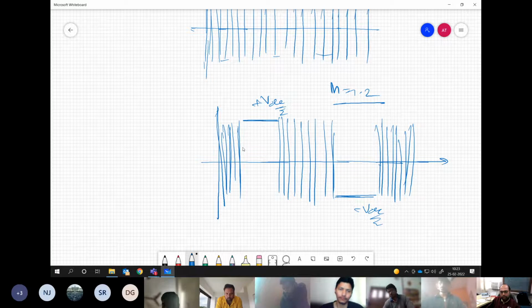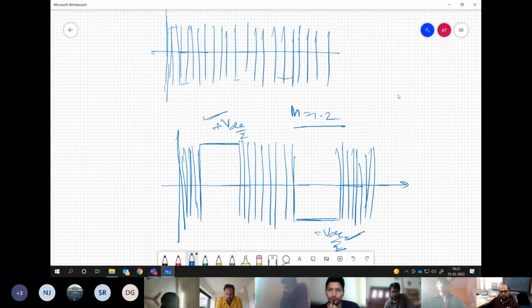This is how your PWM may look like. There will be a blank time where there is no PWM, it's a constant plus VDC by 2 voltage given. Or on the negative half cycle, you may have minus VDC by 2, which is given. Now what will be the impact of this?